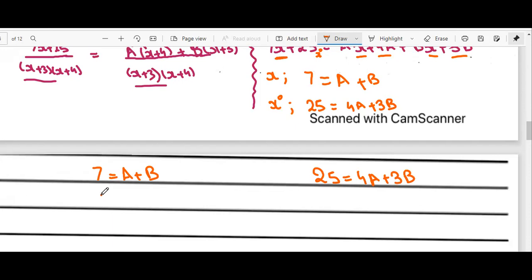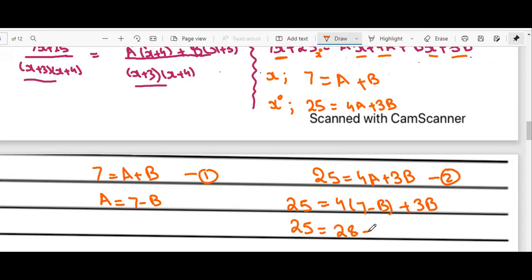Okay, so a can be 7 minus b. I can use this a in the second equation right here. This is going to give me 4 into 7 minus b plus 3b. So this is 25 equals 28 minus 4b plus 3b.